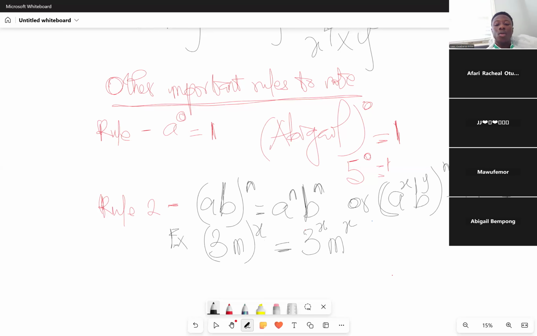So an example is here. Let me see if there is an example before I make mine. I can give you 2 exponent 2 times 3 exponent 2, all to the exponent 4. Guys, what's the simplification? The power affects each thing.